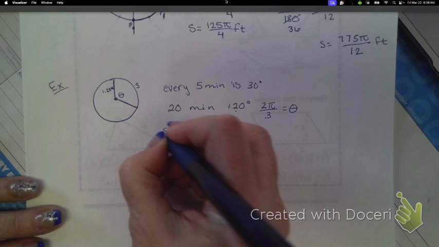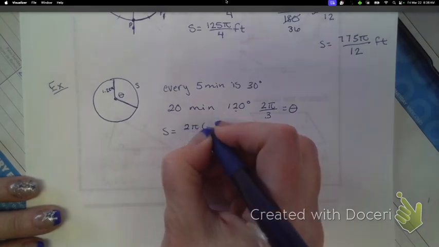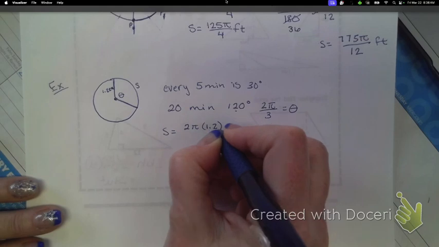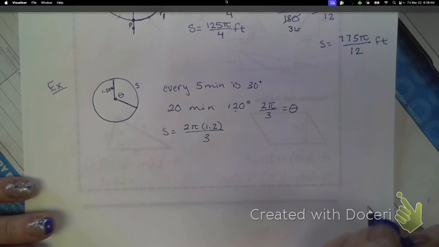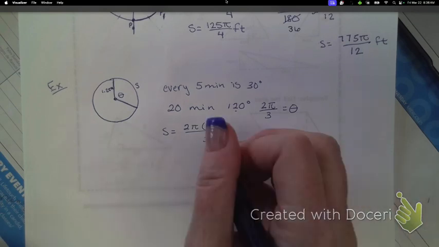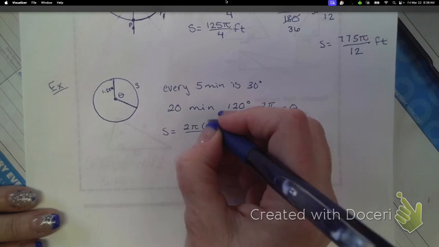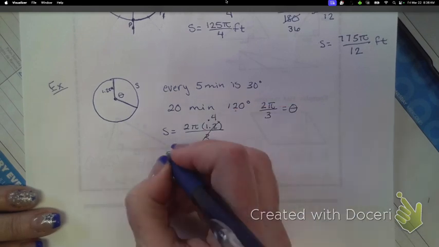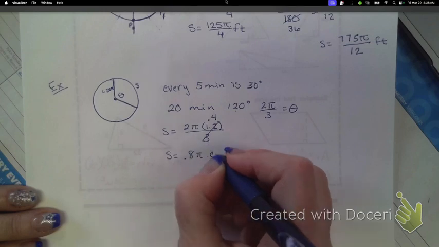So S equals 2 pi times 1.2 over 3. Probably should reduce, shouldn't we? 3 goes into 12, doesn't it? So it's 0.4. So S equals 0.8 pi centimeters.